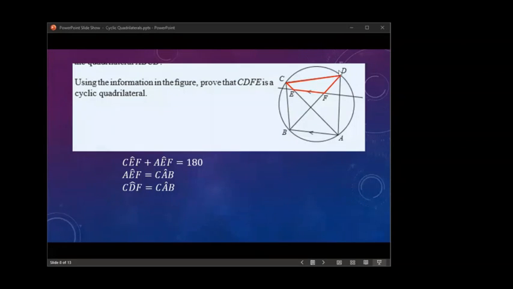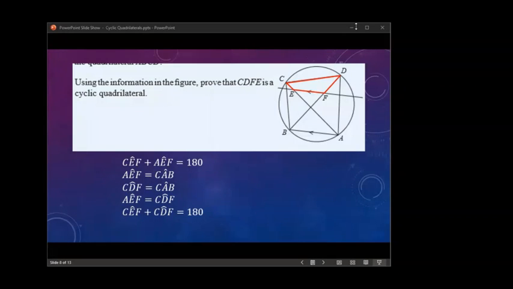So CDF and CAB are equal. Then we can write AEF is equal to CDF. Why? Because CAB is equal to AEF. Again, CAB is equal to CDF. So AEF is equal to CDF from the axioms.